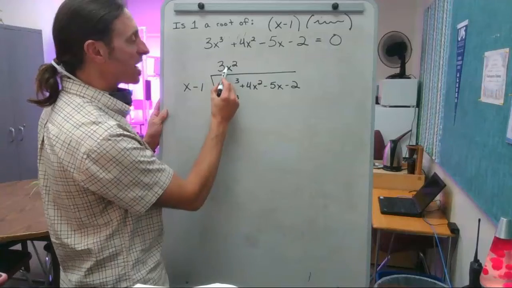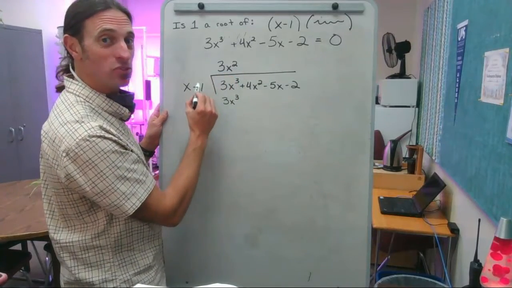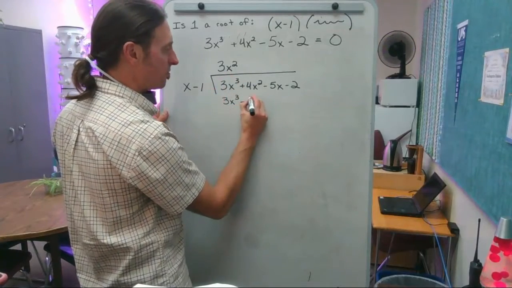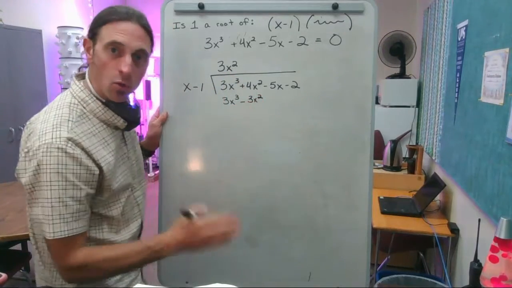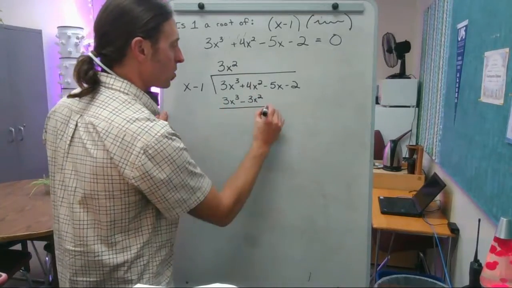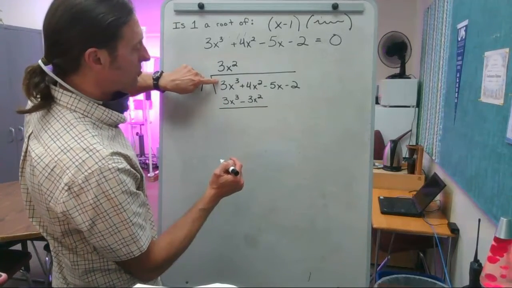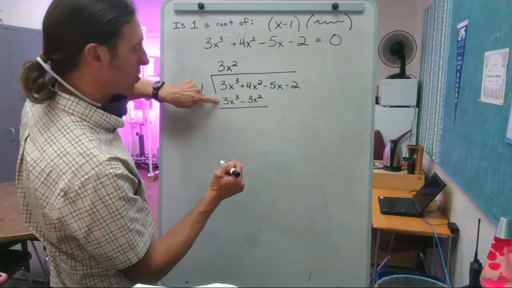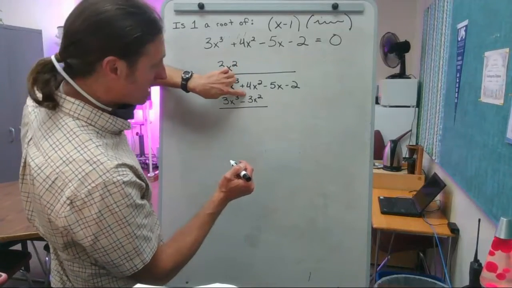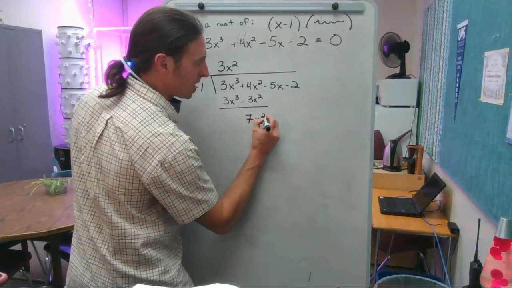But then I'm doing distribution, so this number times negative 1 would be negative 3x squared. When you do long division, whether it's polynomials or just numbers, we always subtract this line from this line. So 3x cubed minus 3x cubed is 0. 4x squared minus a negative 3x squared is a positive 7x squared.